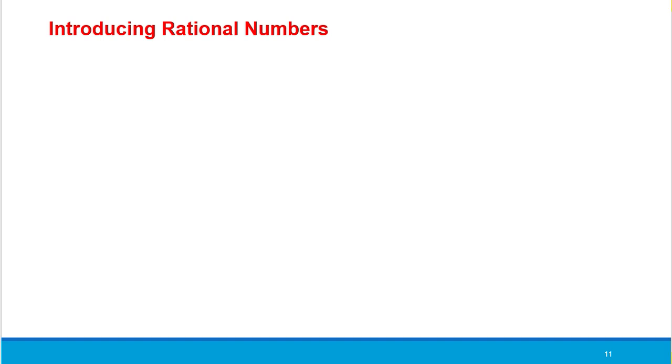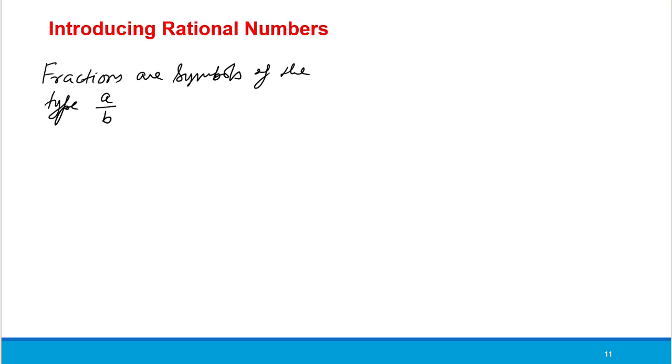So what are fractions? Fractions are symbols of the type a upon b, where a and b are integers and b is not equal to 0.